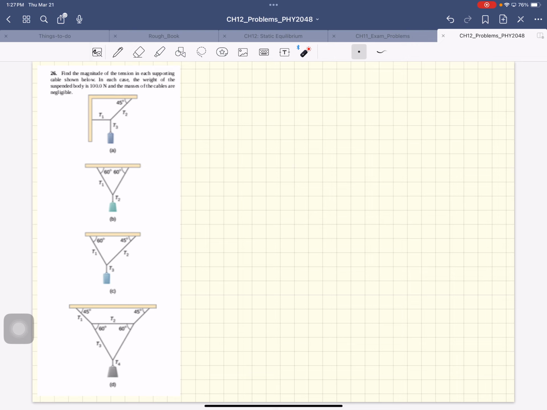All right, so the idea is the following. You can look at it several ways, but let's say there's a knot here. Now what do you want the knot to be at rest? So what are the 3 forces acting on the knot? This tension, and that tension. And you want the knot to be at rest.